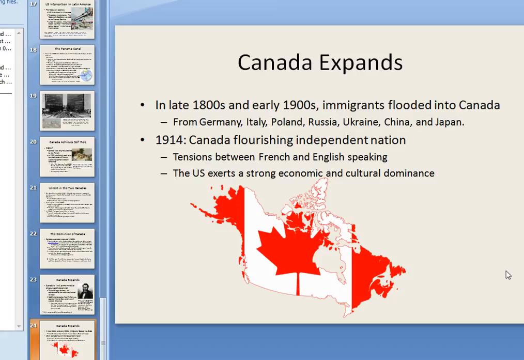Now, there still were tensions between the French and English-speaking Canadians, and that's something that's always being negotiated. Maybe a bit of a fear that the U.S. exerts a strong economic and cultural dominance just because we're so close by. But it is doing quite well.